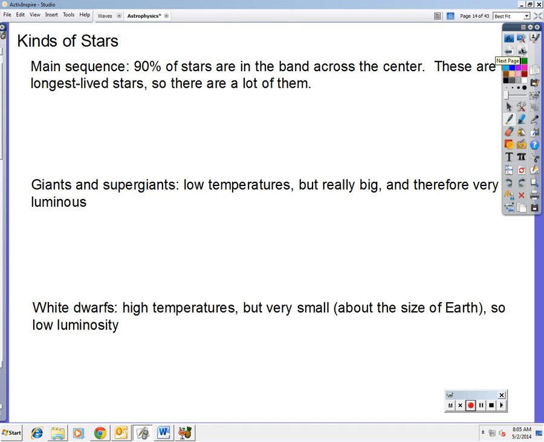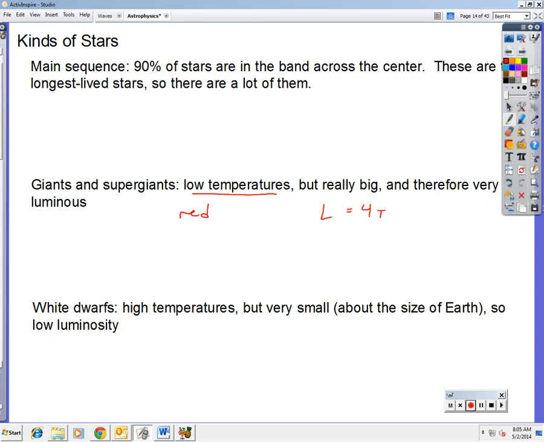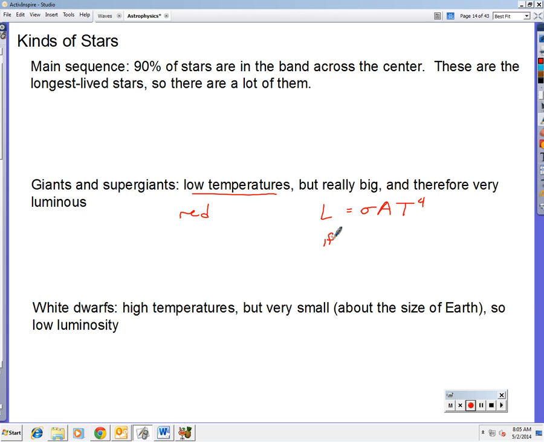There are also what we call giants and supergiants. These stars have low temperatures, which you can see from the fact that most of them are red. But they have very high luminosity. Now, if we recall, L equals 4 pi sigma A T to the 4th.